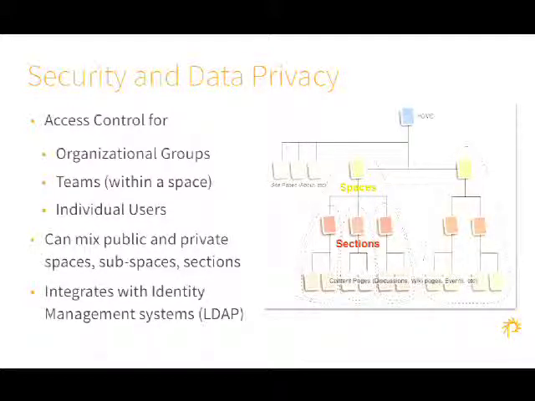So we then subdivide these spaces, first of all, into subspaces. I'll get to this in the next slide and cover it more, but we support a full hierarchy of spaces and subspaces. So you can go as far as you want down. At the very bottom, you end up in these sections. And a section is just a collection of content.